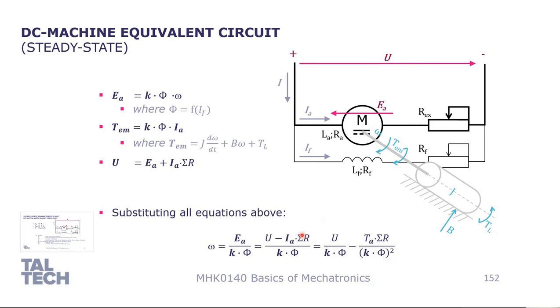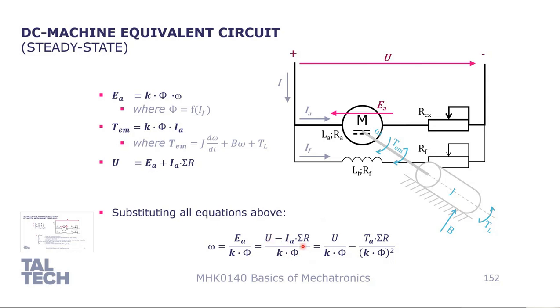Additionally, if we split this into two parts: voltage over K multiply phi, minus armature current multiply sigma R over the construction gain multiply flux.